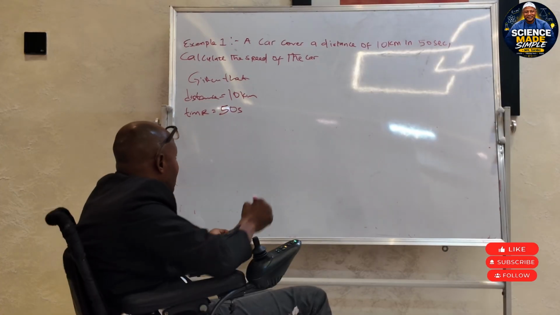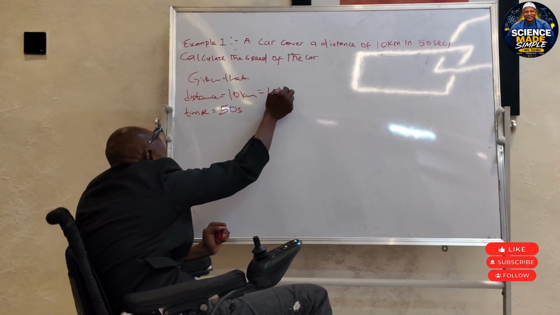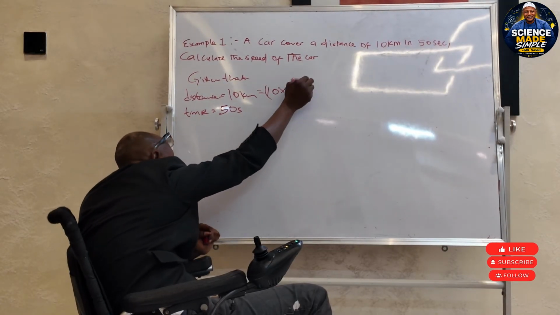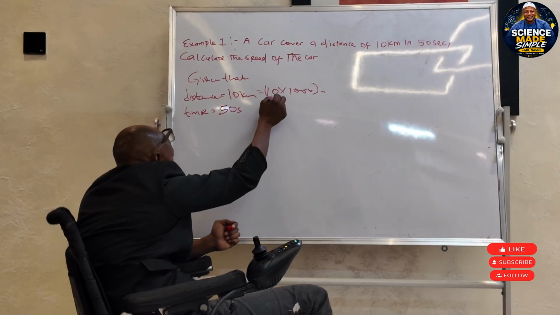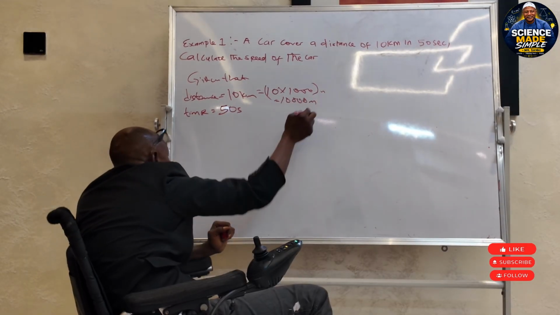10 kilometer to meter will be 10 times 1000. That K stands for 1000. It will now be 10,000 meter.